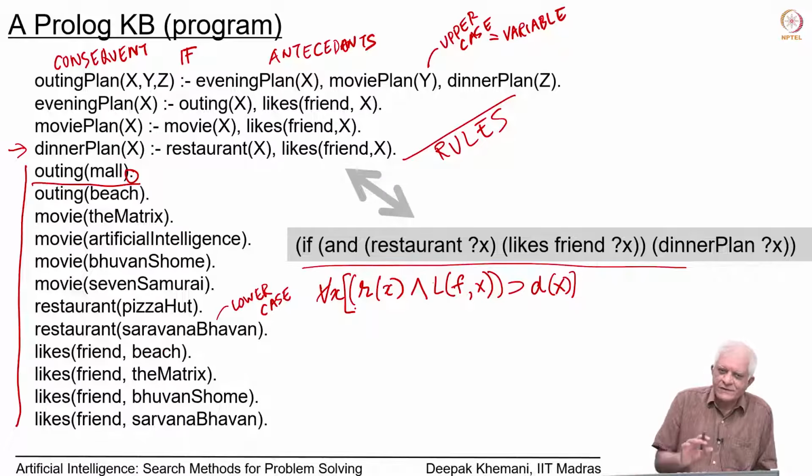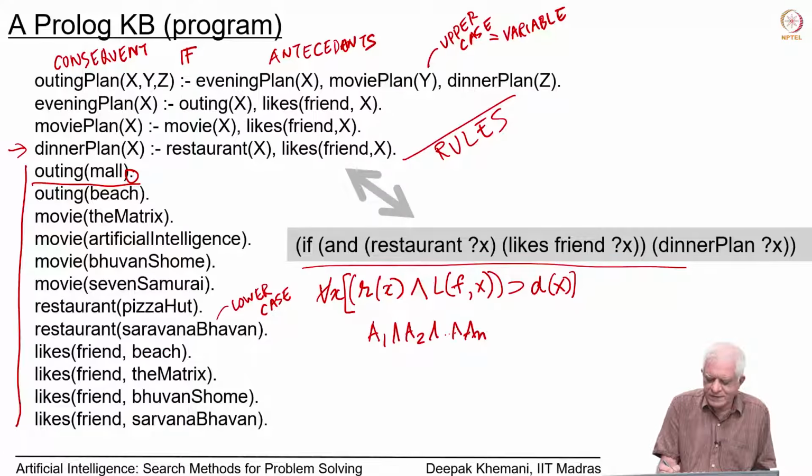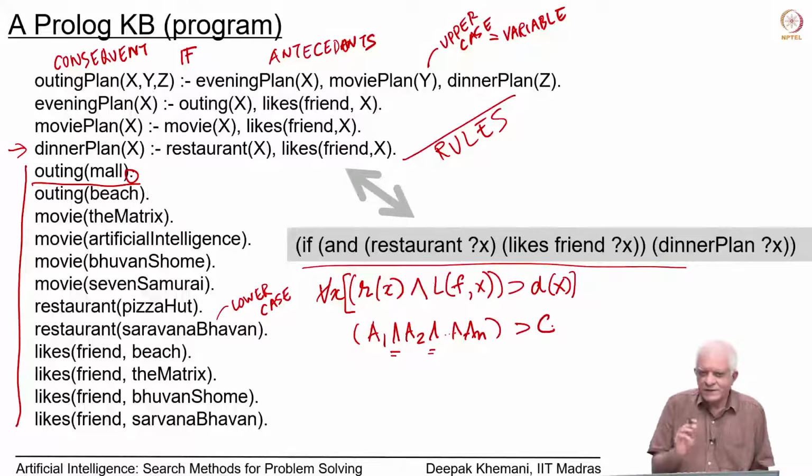Now, I said that Prolog works with a subset of first order logic, and the only subset it works with is where the facts are of course simple atomic formulas, but rules are only of the kind that you have an antecedent and another antecedent and some n antecedents joined together with and, and they imply one consequent C. This particular restriction on sentences in first order logic is called Horn clause.